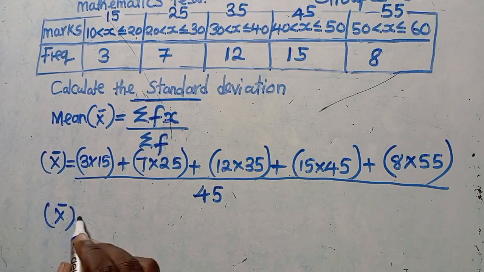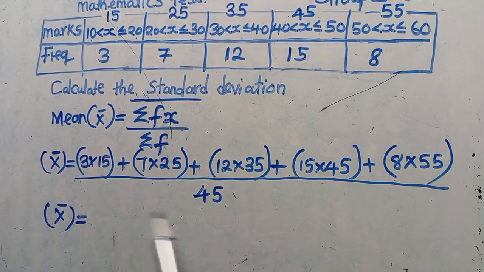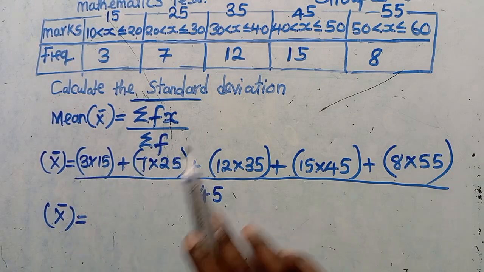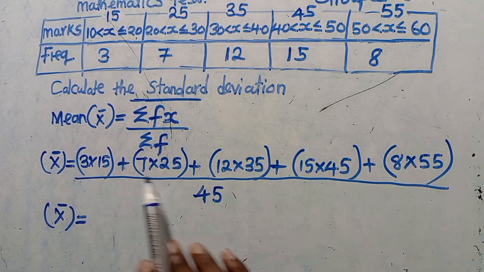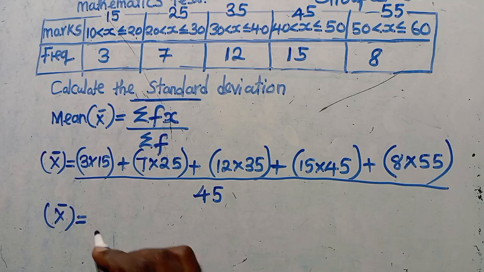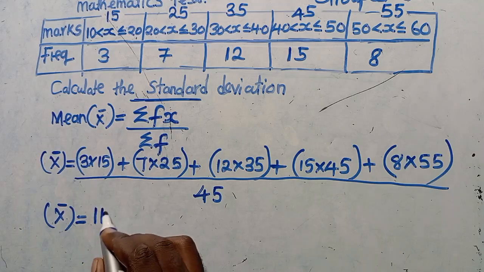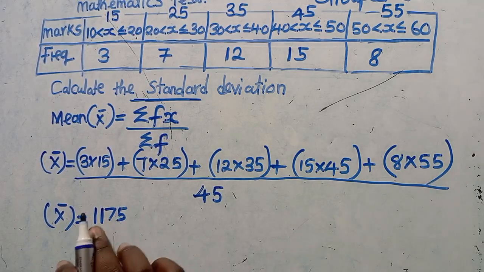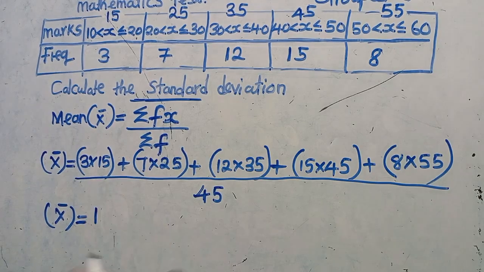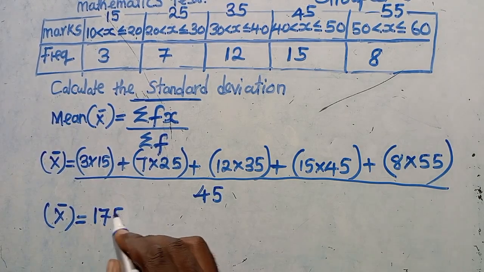Mean is therefore equal to, we are solving these things together, where you add everything. You punch everything on your calculator without including these brackets to save time. When we punch, I'm getting 1,755.